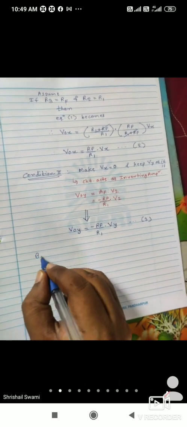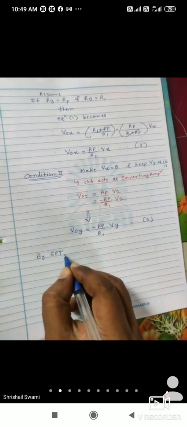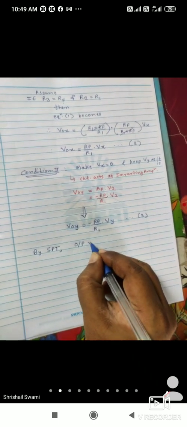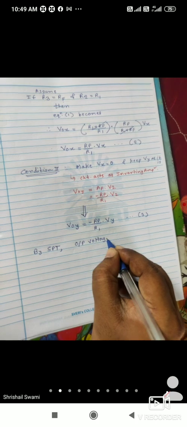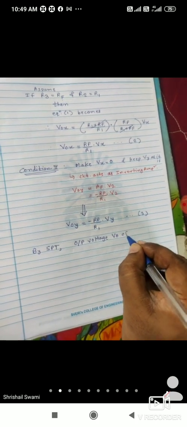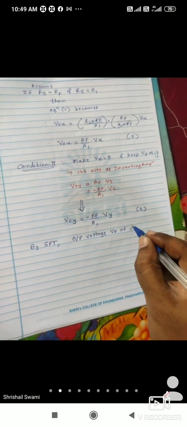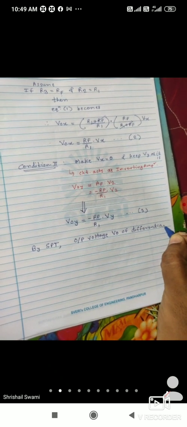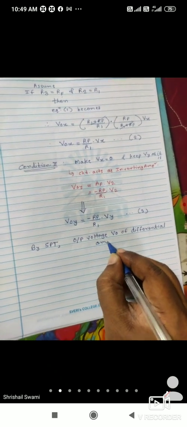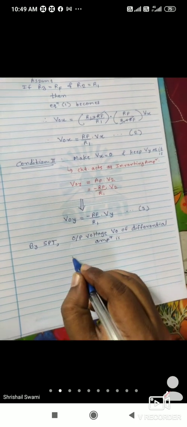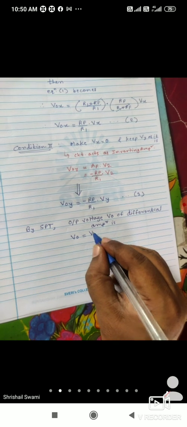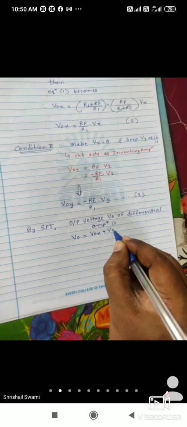So by the superposition theorem, the output voltage V0 of the differential amplifier is V0 is equal to V0x plus V0y.